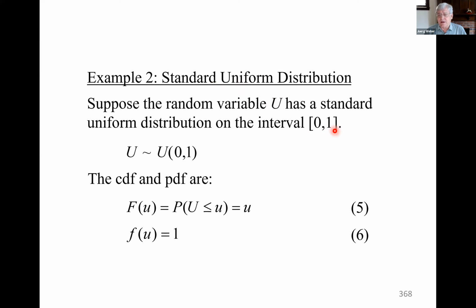That's the domain of the function, this closed interval here. So let's assume U has this uniform distribution on the interval 0, 1. Be careful here, that gives me the interval of the domain of the function. So that's not the mean of 0 and the standard deviation of 1.